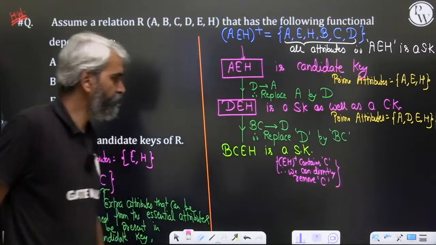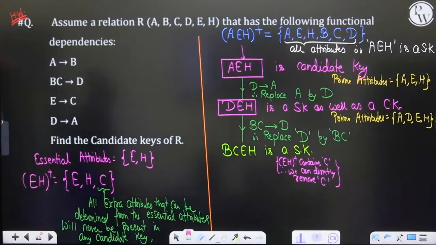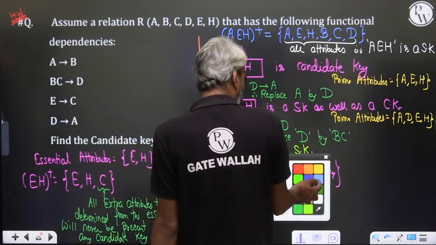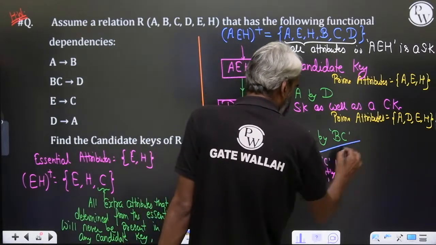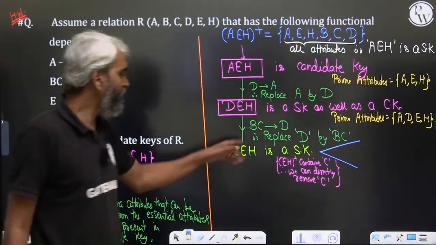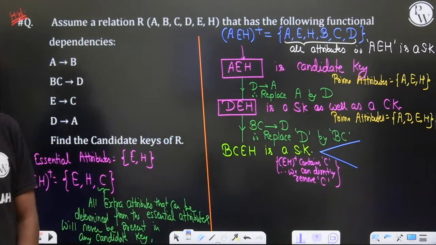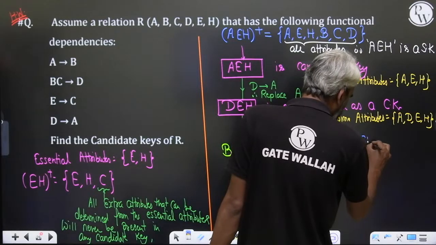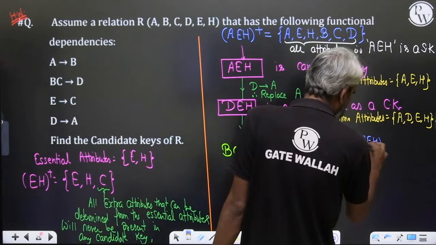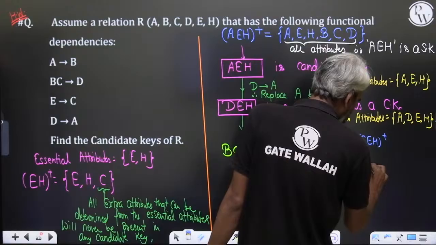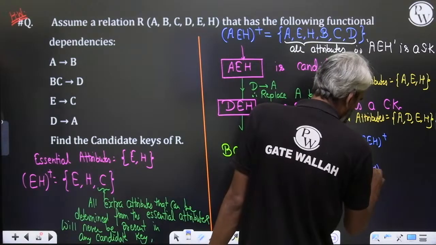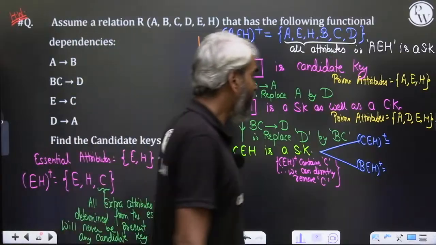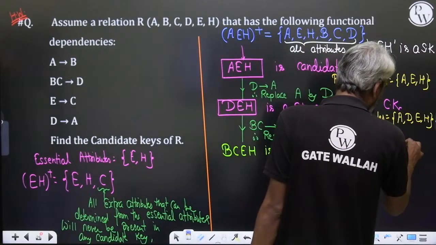remove C. But if you don't do that, if you are not able to recall the concept, then you will eventually check for the proper subset. Now, sir, E and H are essential. Therefore, the only proper subsets with respect to which you will check will be CEH closure and BEH closure. Do you need to check with respect to any other closure? No, sir. And CEH closure will be CEH only.